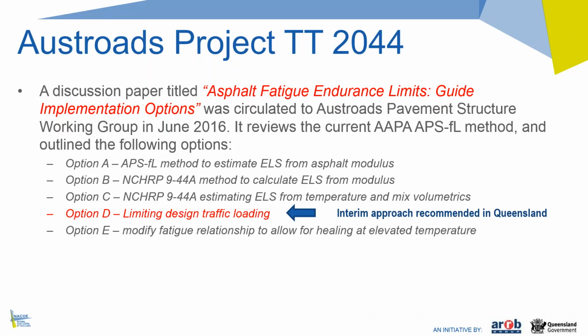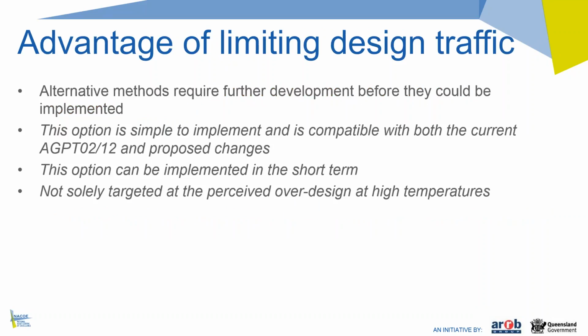For this technical note that we are proposing in Queensland, we're going to recommend adopting option D, which is putting a limit on the design traffic, so that is what is going into the tech notes. So here are some reasons why we are choosing this.